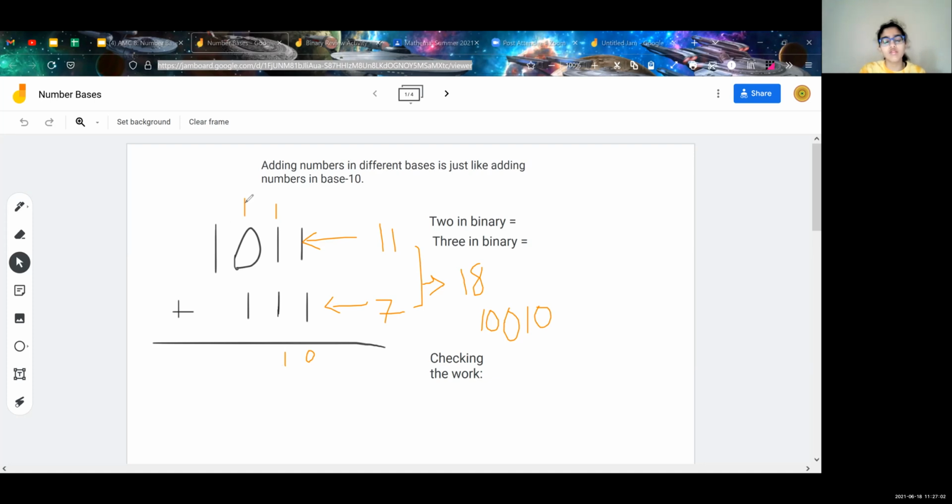So we'd bring that over as a 1 because 2 to the power of 2 would be 1. And then 1 plus 1 would be equal to 2, and that 2 carries over as a 1. However, 2 expressed in base 2 would be 1, 0. So we have 1, 0, 0, 1, 0, which is what we got earlier.